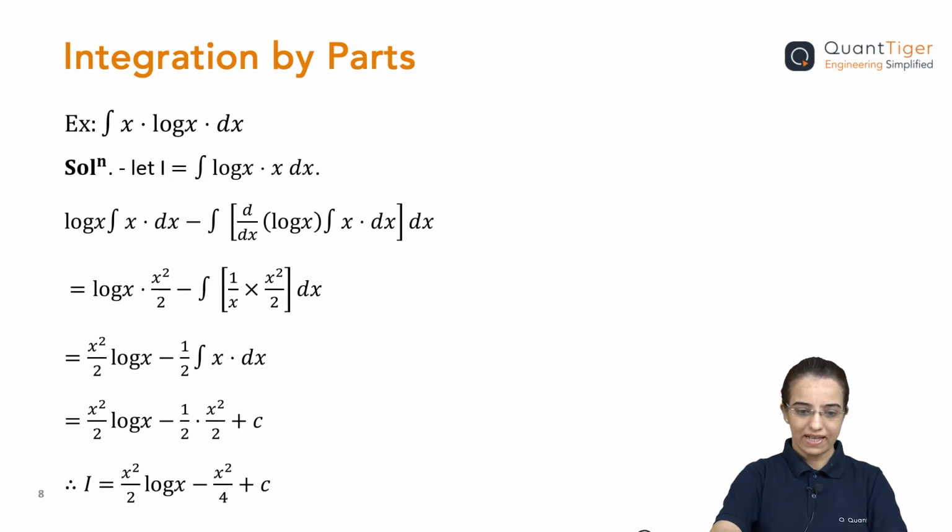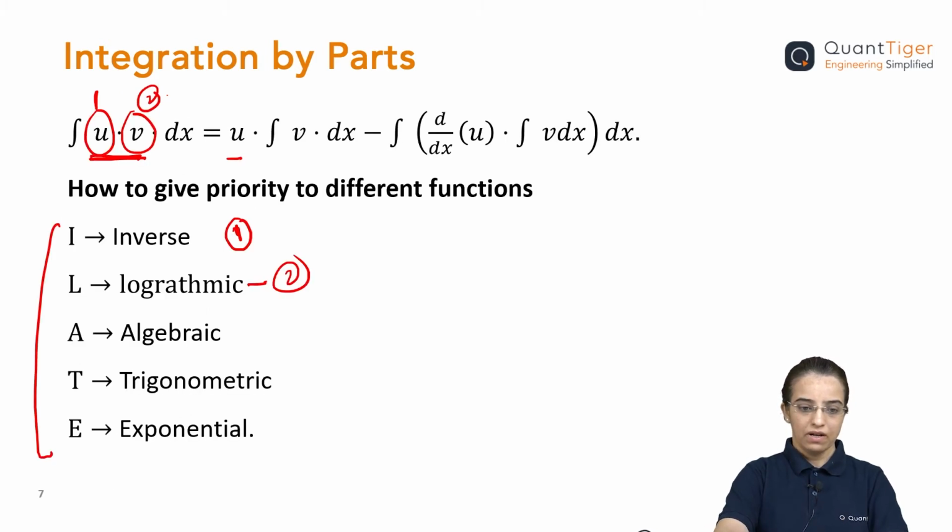So I have taken one example over here. A simple example: x into log x. As I said, this is like a u and this is like a v, and the two terms are in the product with each other under the integration. So we will be applying integration by parts.